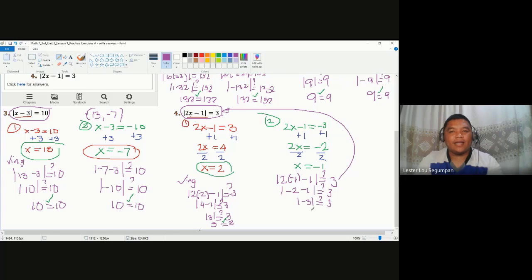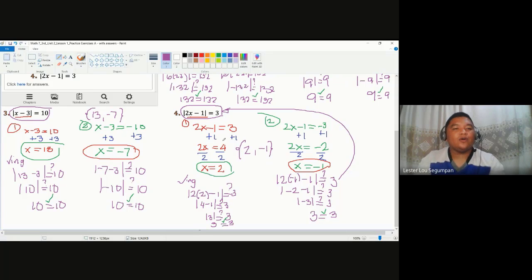The absolute value of negative 3 is positive 3. The other side is also positive 3. They are the same. This accepts negative 1 as a solution. Since both of them are solutions, our solution set contains 2 and negative 1.